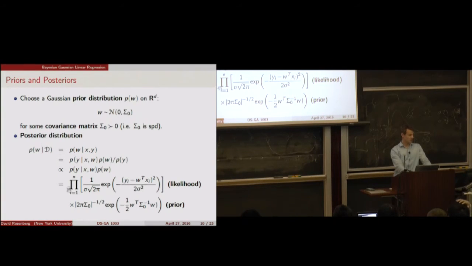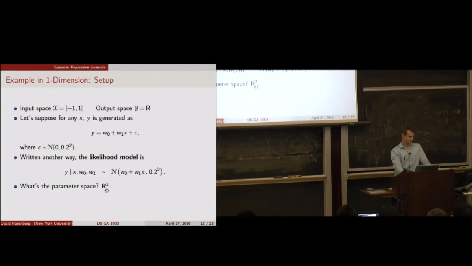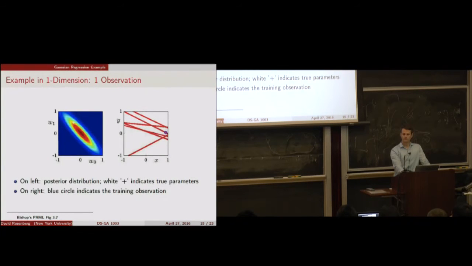This is the posterior distribution for an arbitrary data set D. If you have one data point, this n is 1, so you have the product of a single Gaussian and another Gaussian. So it's okay, and that's what it is. Any questions on this? Good.